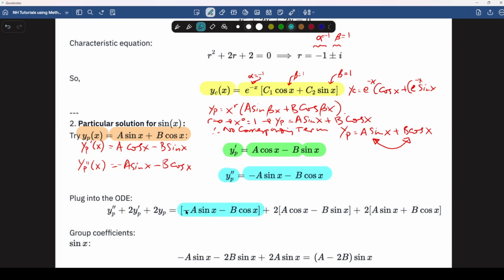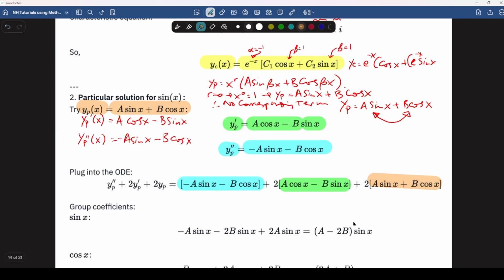Then 2yp single prime, a cos x, in green. And then our yp is in brown: a sine x, b cos x, also times 2.